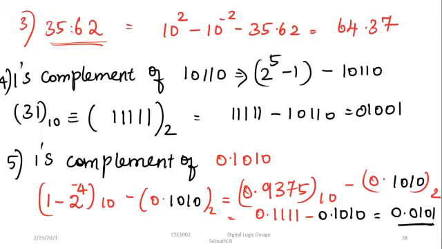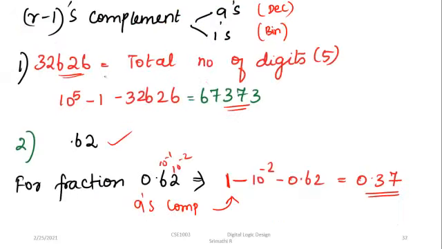How many digits after the decimal point? Again 2, so 10 power minus 2. I need to say why we are taking this as 1, because 10 power 0 is the unit place, and 10 power 0 is 1, so I'm taking 1.